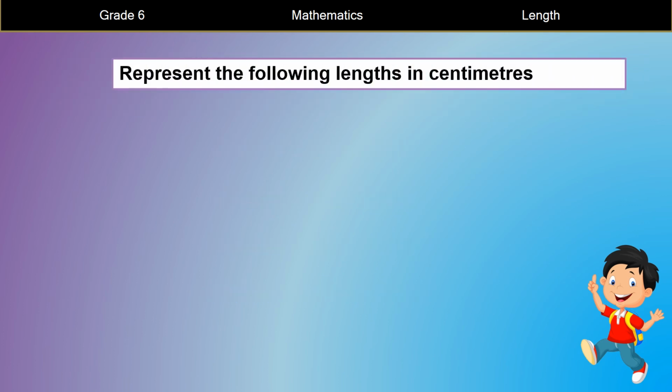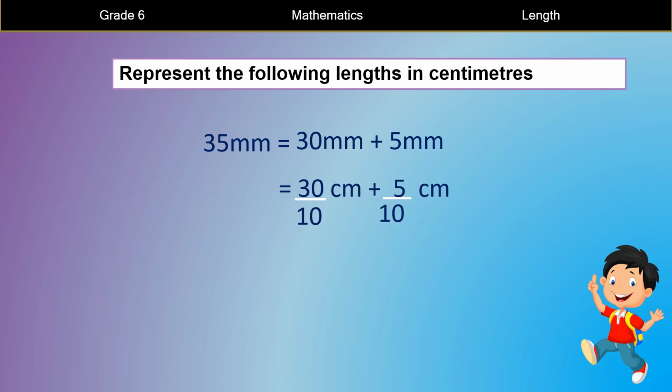Next question, represent the following lengths in centimeters. First one is 35 millimeters. To convert 35 millimeters into centimeters, we can write that 35 is equal to 30 plus 5. 30 millimeters is 3 centimeters.